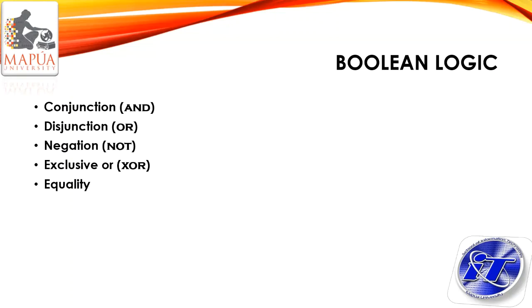Negation, true will become false, false will become true. Exclusive or, the inputs should have different values to have an output of one. Equality, implication. We already discussed this in proving if certain statements are equivalent or not. Okay, our equality. In implication, we studied this in our if and else statement.